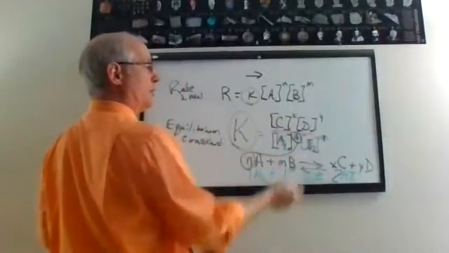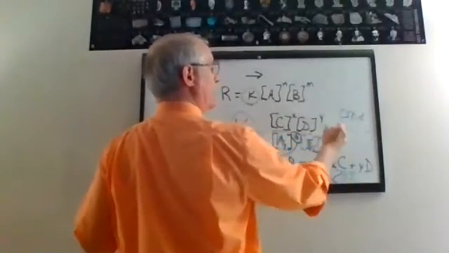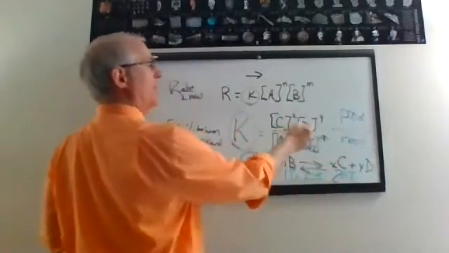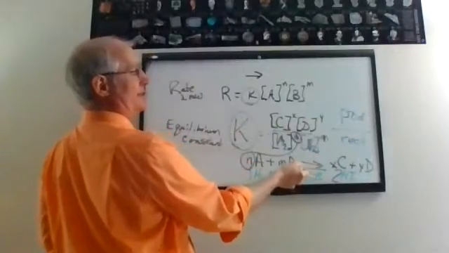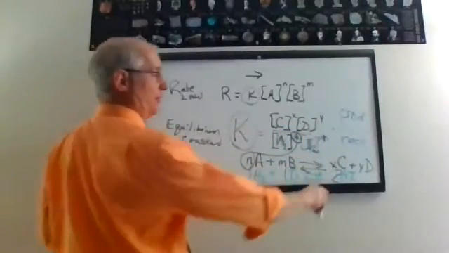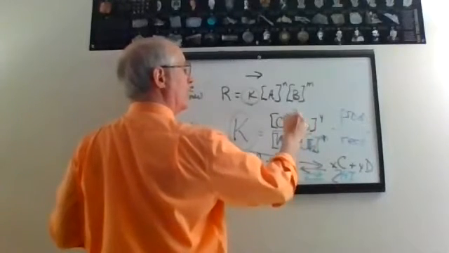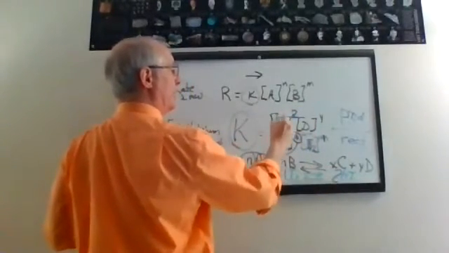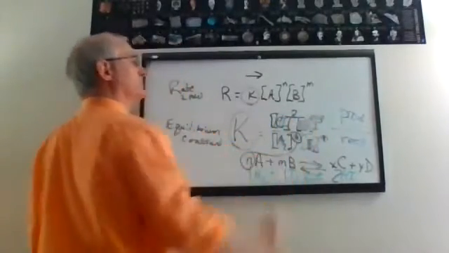And on the numerator, it's always products divided by reactants. It's the product of the products divided by the product of the reactants raised to the power that their coefficient describes. So there's going to be a power of 2. And it's going to be hydrogen iodide. And there is no second product.